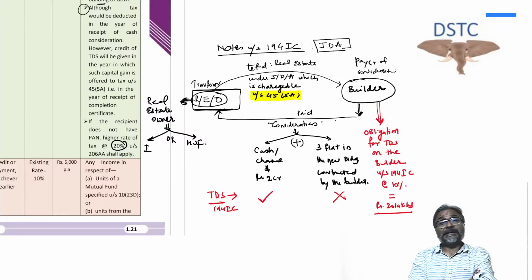And then the interest income and dividend income, the rate and the threshold limit. So that is 193, 194, 194A, and thereafter the capital gains part that we are doing right now.